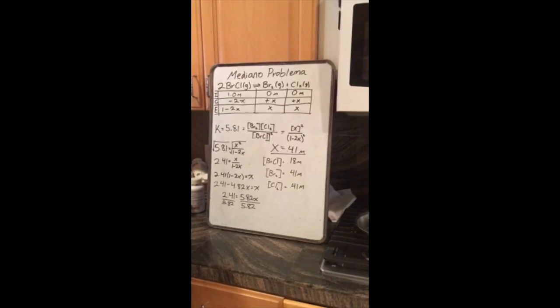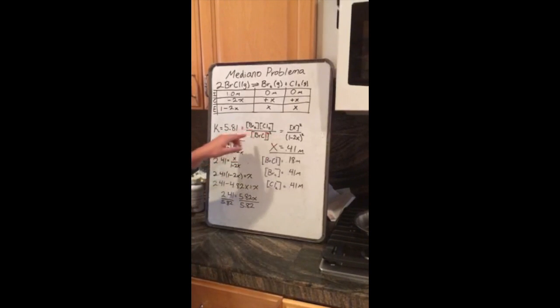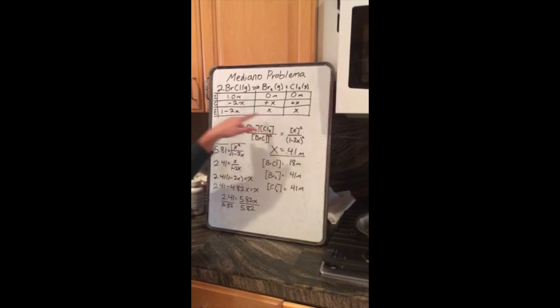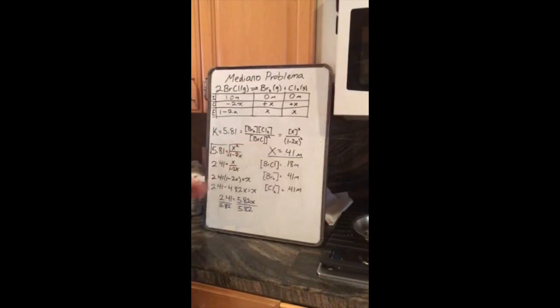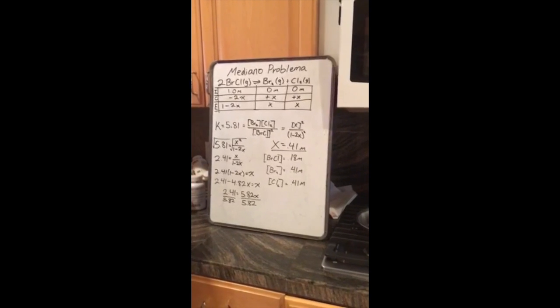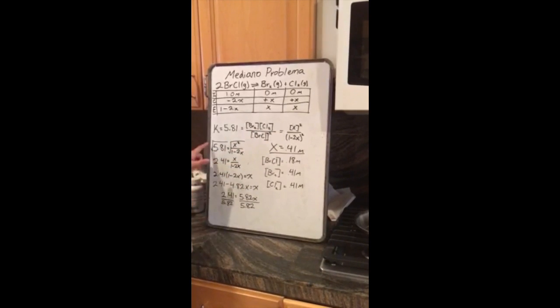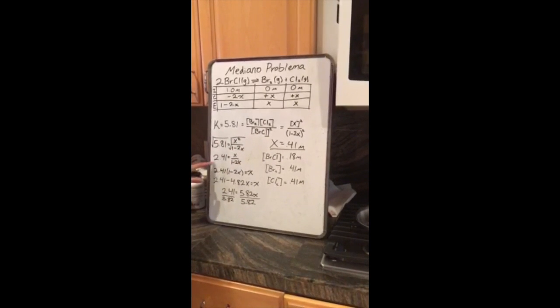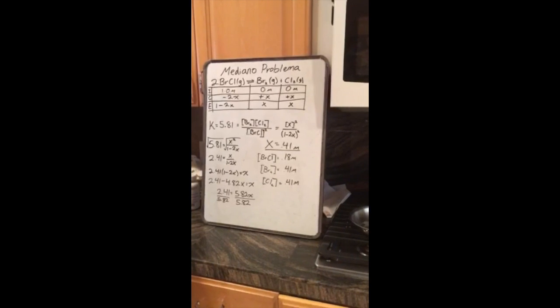equation, which is products over reactants, and then you just put your equilibrium concentrations into your equation, and then you do all the math to get x alone, and because this equation has a perfect square, you can just square root both sides, so then you get 2.41 equals x over 1 minus 2x.